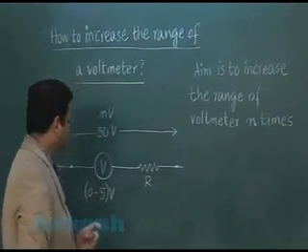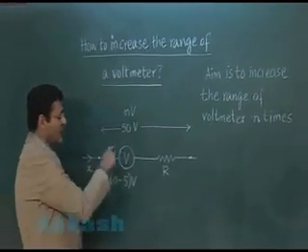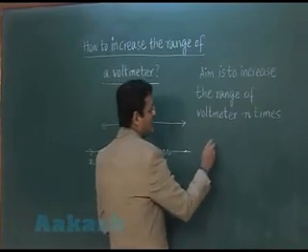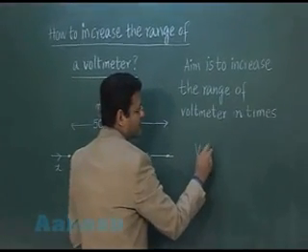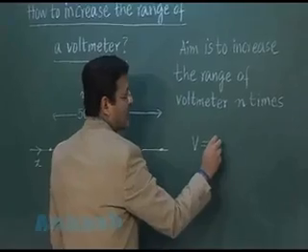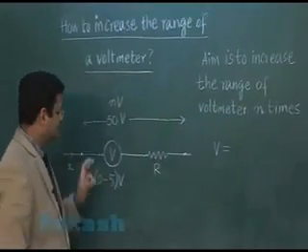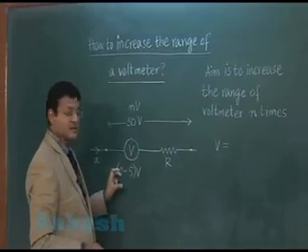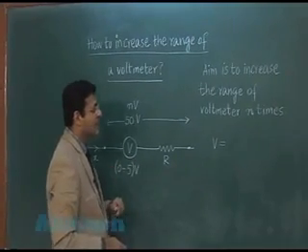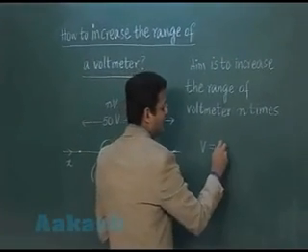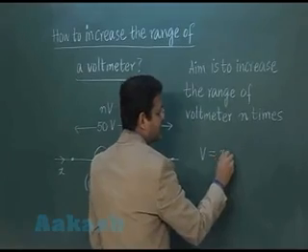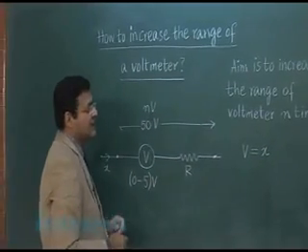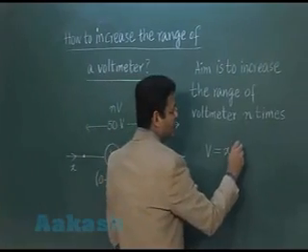So what we will do is that we are trying to say that potential drop across the original voltmeter, इस voltmeter के cross original potential drop, in case it was V, then V was equal to X times, X is the current, times the resistance of the voltmeter.